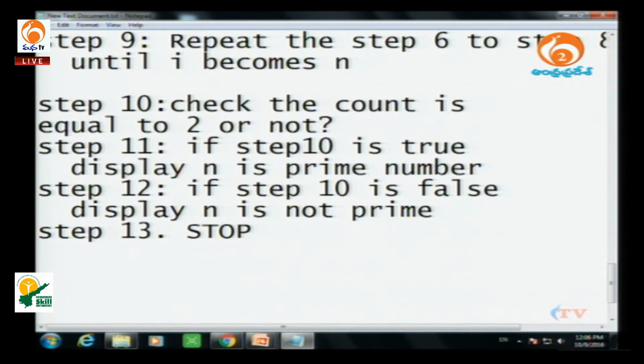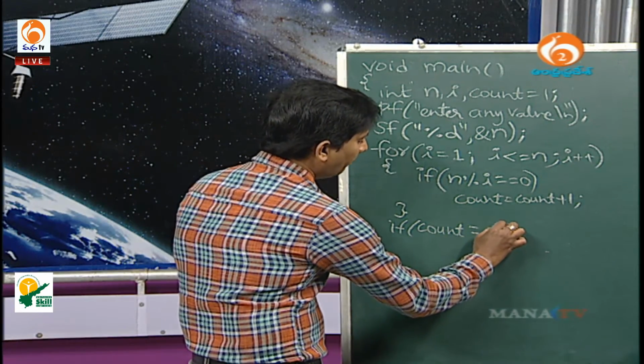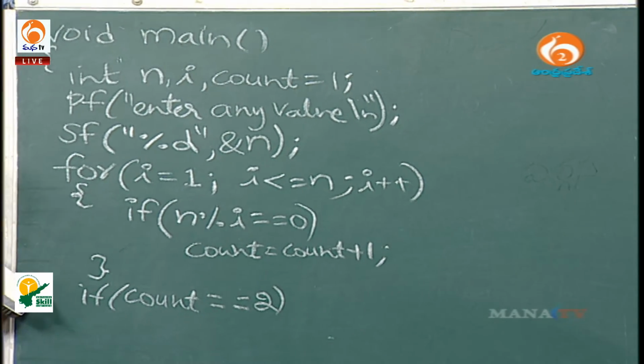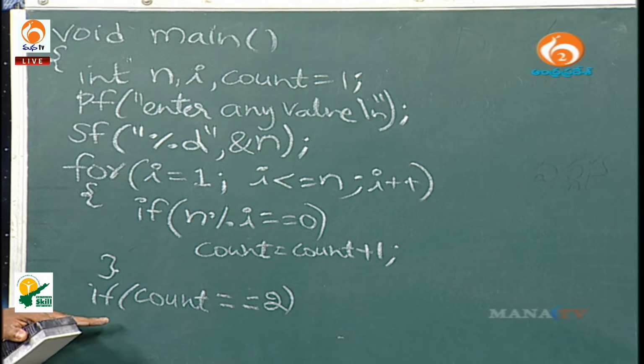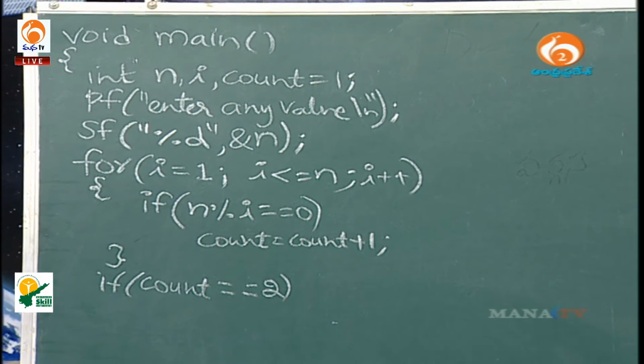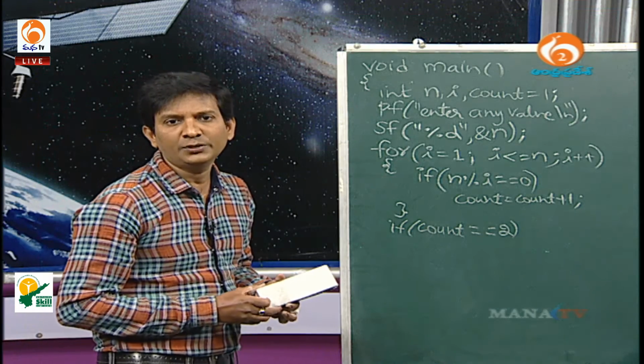Okay. If count equals 2, we have to use a comparison operator. If this step is satisfied, display n is prime number.